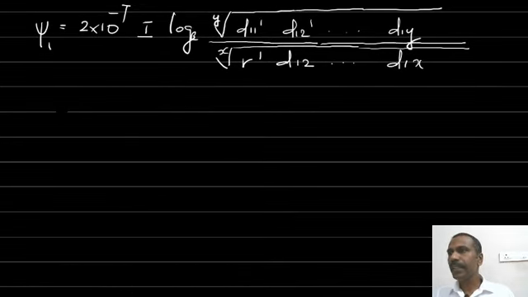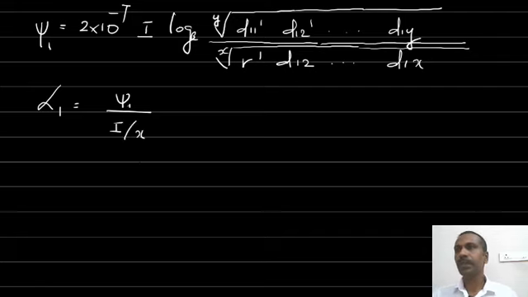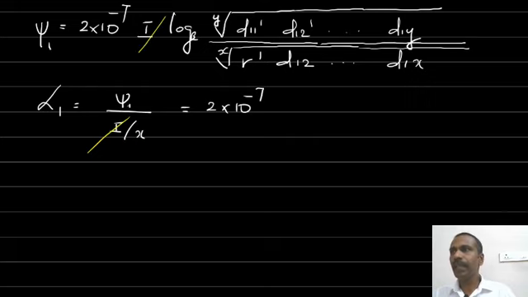What is the inductance of the strand number 1? L1 is equal to the flux linkage per current. What is the current flowing through the first strand? It is I by x. So this can be written as 2 into 10 raised to minus 7 into, this current and this current will be getting cancelled.